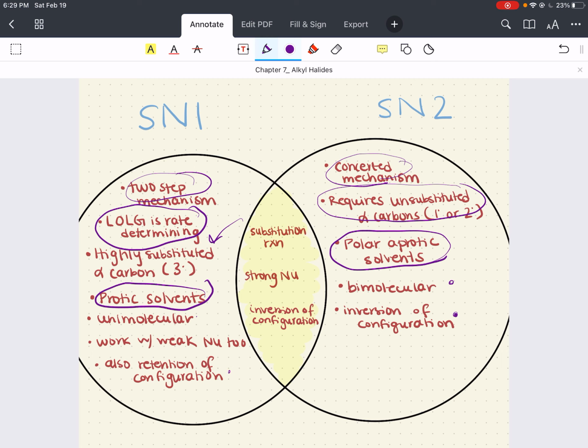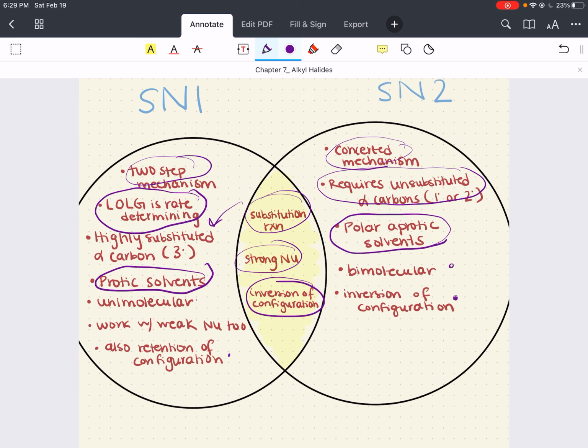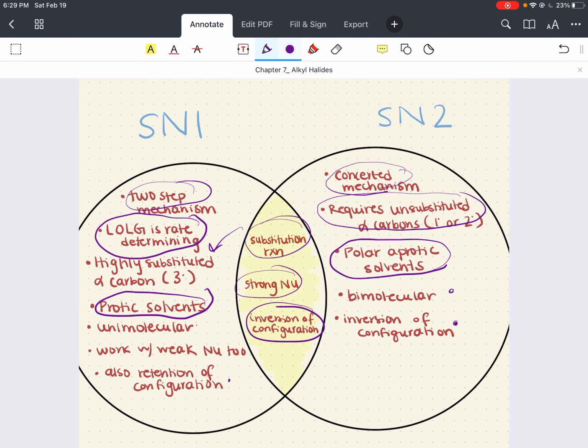For SN1, when you get your racemic mixture, you can get retention and inversion of configuration. Inversion of configuration is something that overlaps for both SN1 and SN2. They both require strong nucleophiles. They're both substitution reactions.